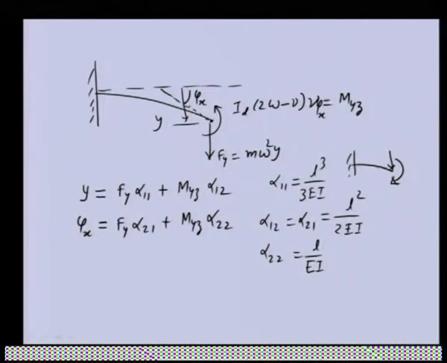So basically now we will be substituting this centrifugal force and this gyroscopic moment here, and we will be getting a homogeneous equation. So I am substituting those centrifugal force in this, m omega, sorry.